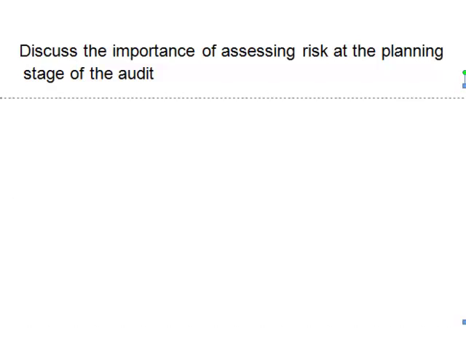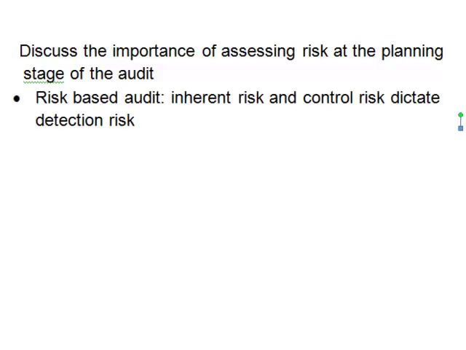First of all, we could potentially say that nowadays audit takes a risk-based approach. What it starts out with is inherent risk, the risk that an error takes place initially, and then there is control risk, the risk that the client staff don't pick up on that error.